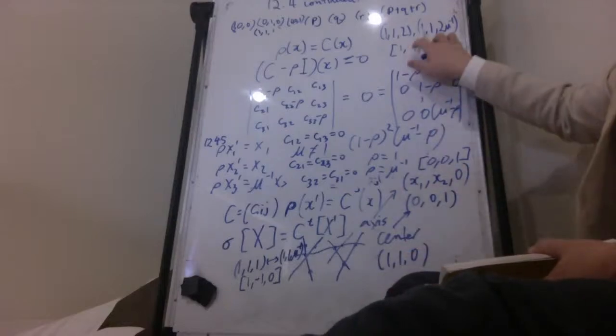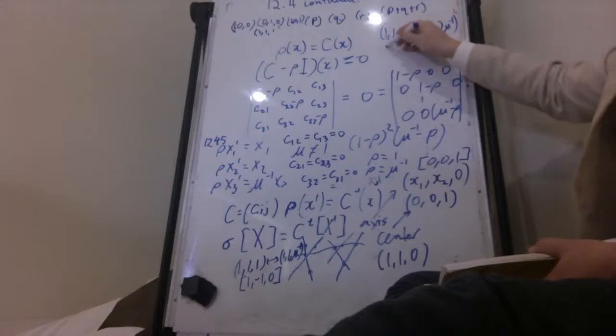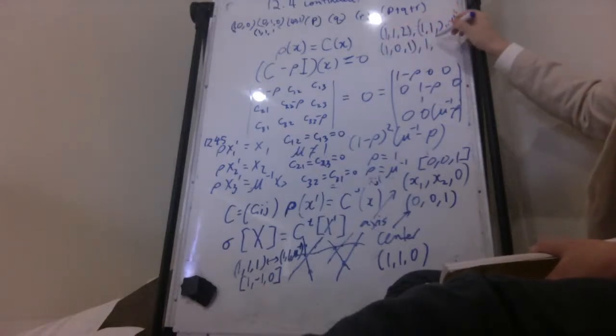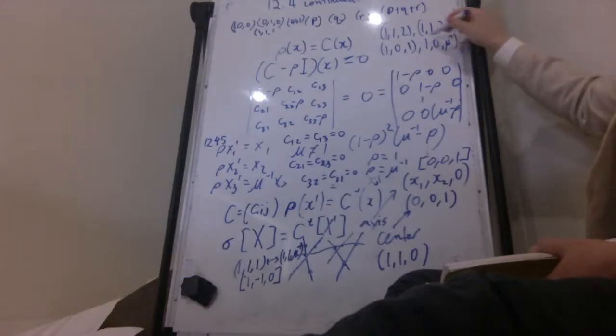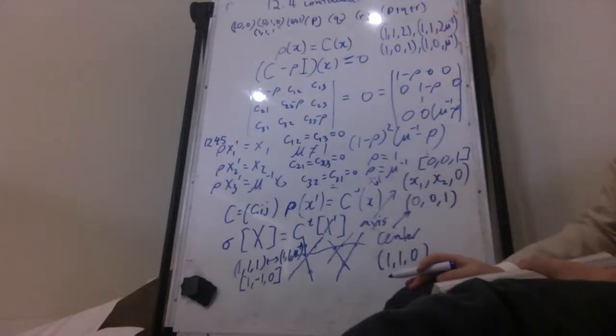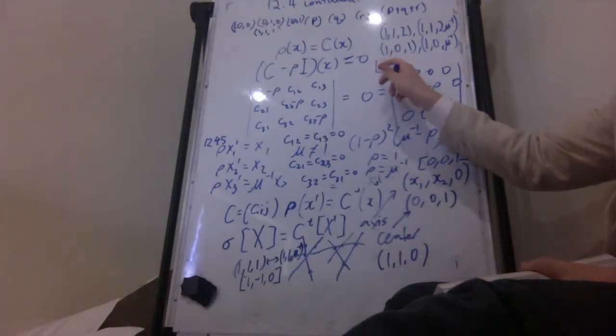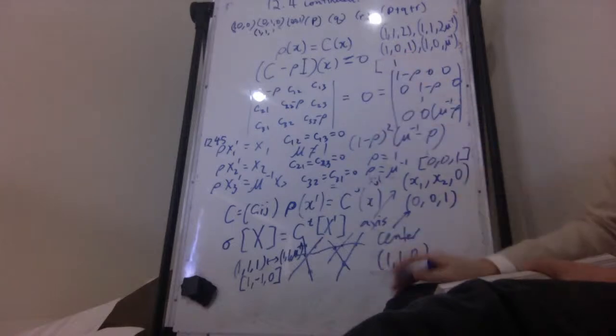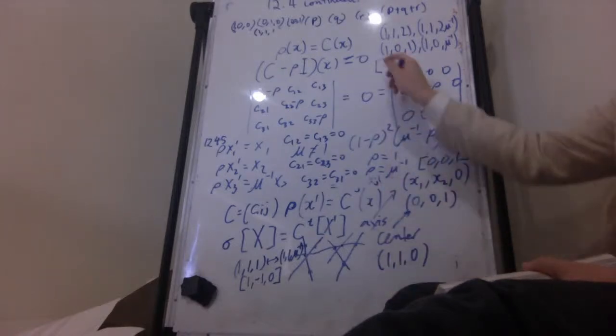How about 1, 0, 1? This will go to 1, 0, mu inverse. What line would lie on that?